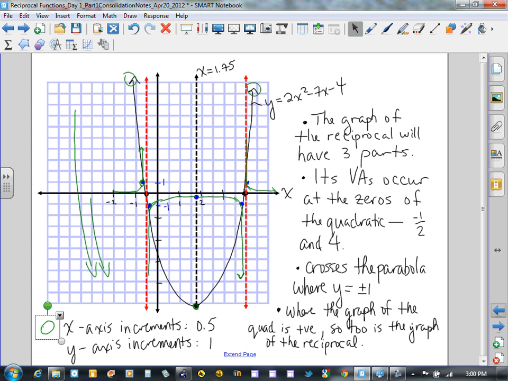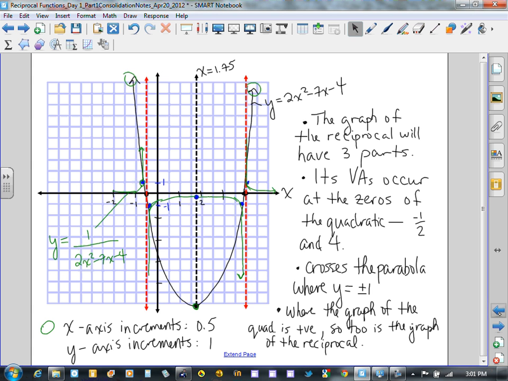So with that, our sketch of the reciprocal is complete. So if we were to label the equation of that, and I'll use green to color code, we have the graph of y equals 1 over 2x squared minus 7x minus 4.